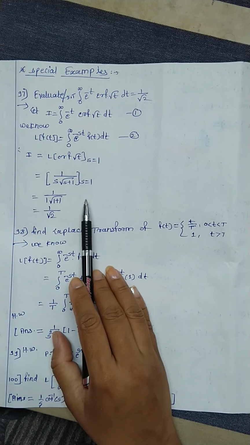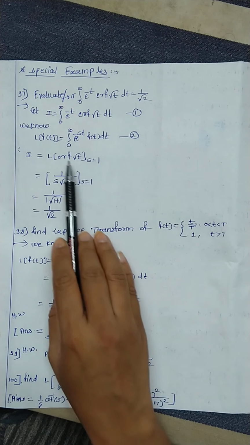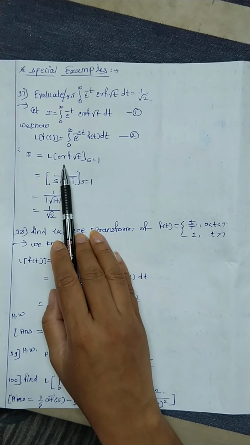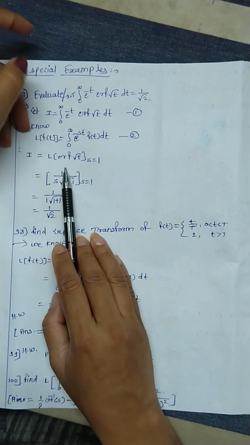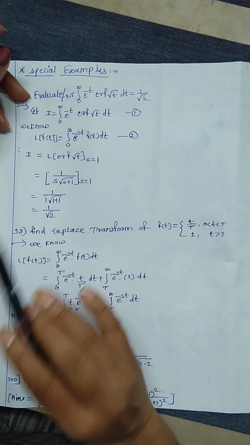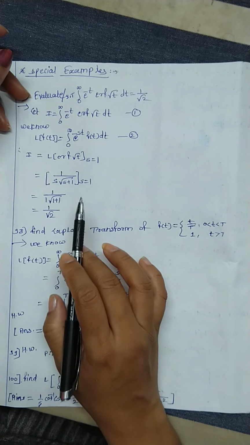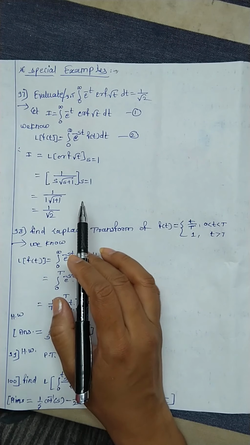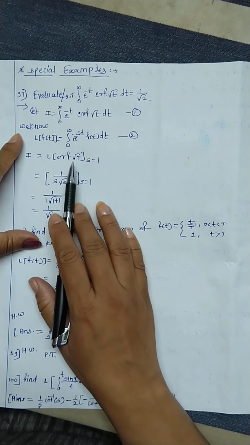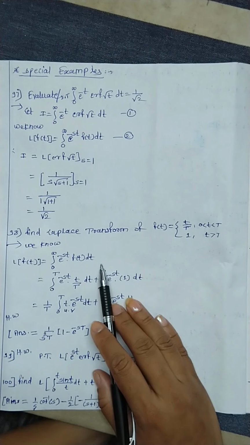If this example is 4 marks or more, you have to derive the error function's Laplace. Already we have done this, but that step you also have to write. Even if it is asked for 3 marks, you have to explain or derive this first.